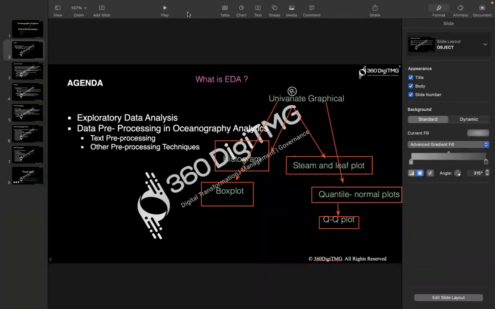Here we also have scatter plots, run charts, heat maps, multivariate charts and bubble charts.